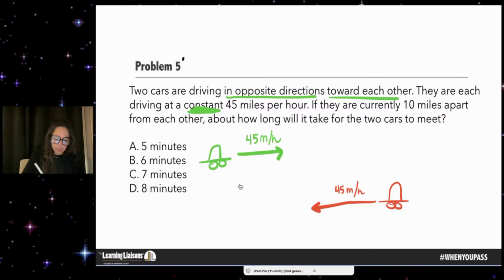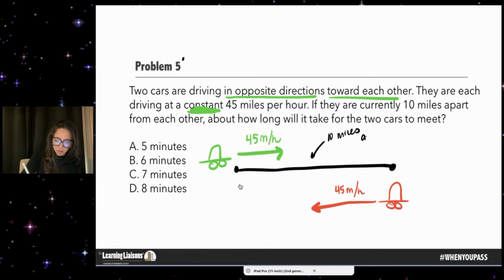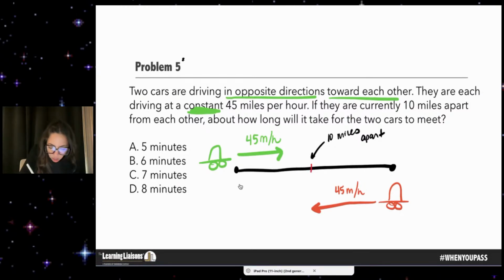They are currently 10 miles apart. How long will it take them to meet? How long, if they are going at the same speed in opposite directions, how long will it take for them to meet?